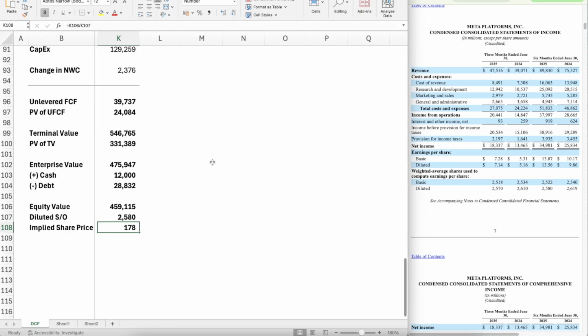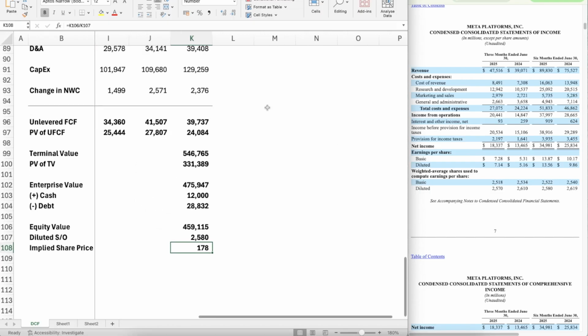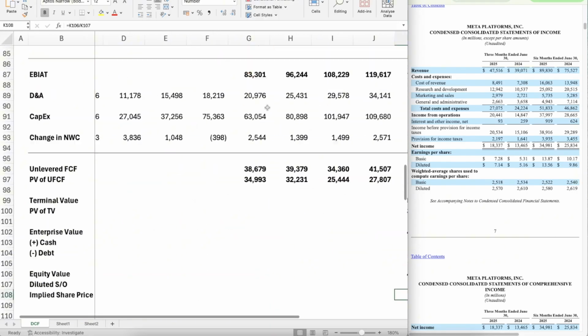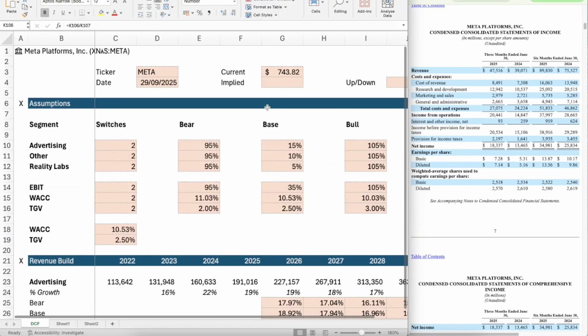Wow, okay. Well, that's a long way away from where the current price is.